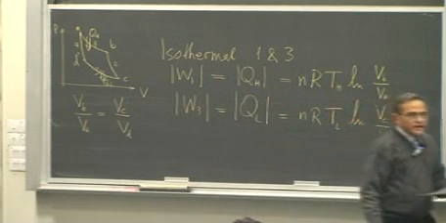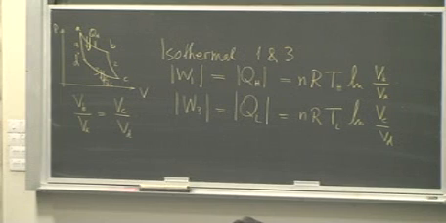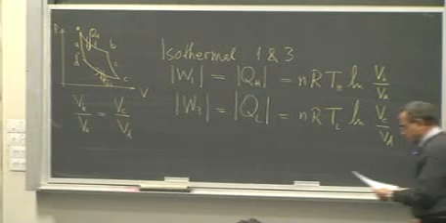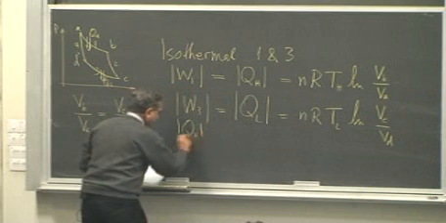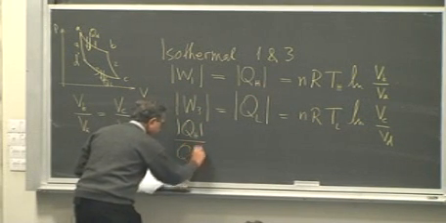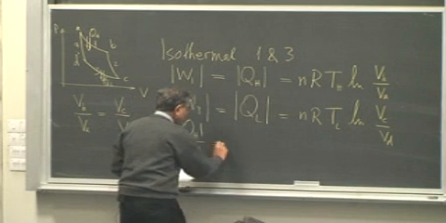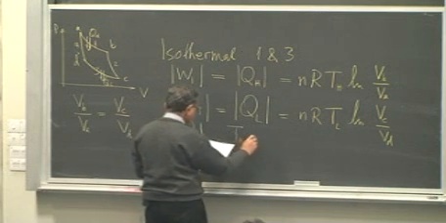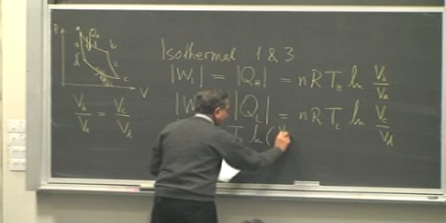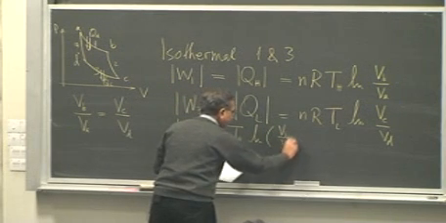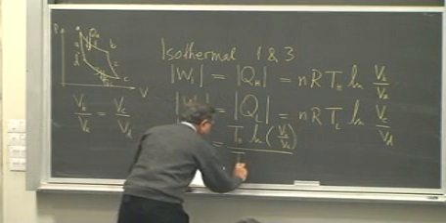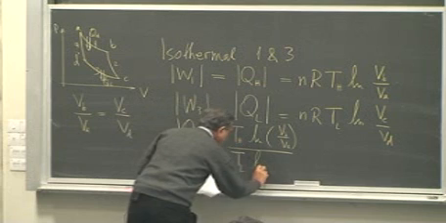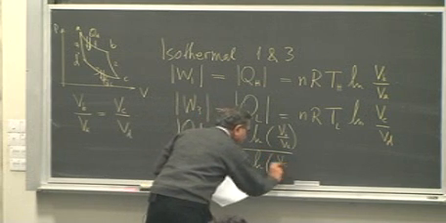All right. The advantage is that I can write this QH and QL in this particular manner, which means that QH divided by QL is equal to TH times log of VB over VA divided by TL times log of VC over VD.